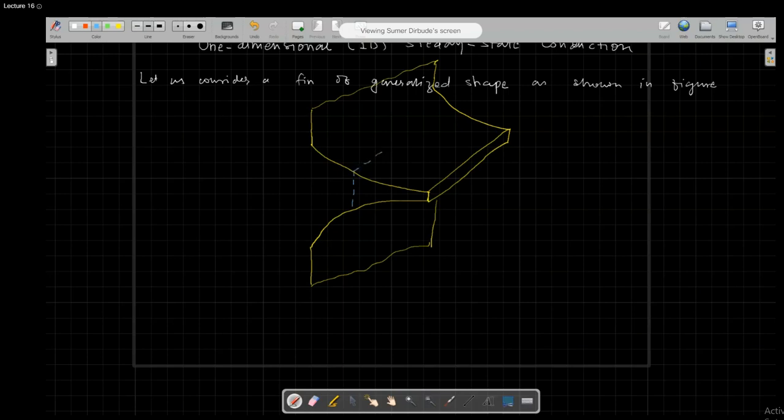This dotted one is a thermodynamic system. In other words, a control volume or an infinitesimally small element of distance dx.